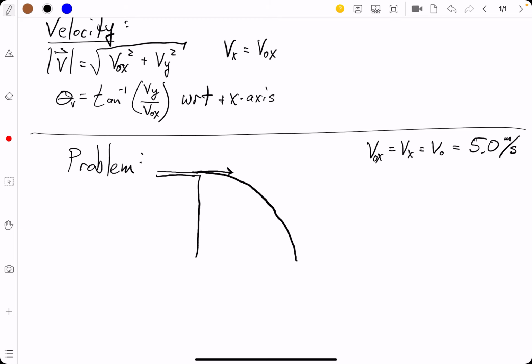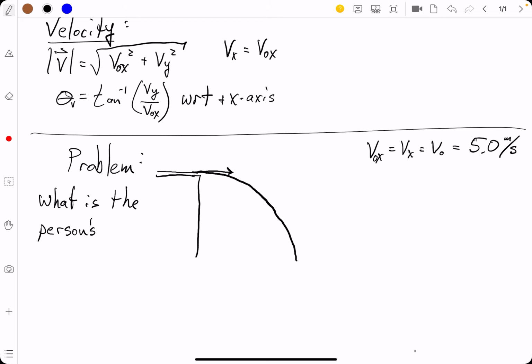We want to know, the question is, what is the person's, and when we say this, we're dealing with their center of mass, okay? So we're going to be dealing with the center of mass of the motorcycle and person together.